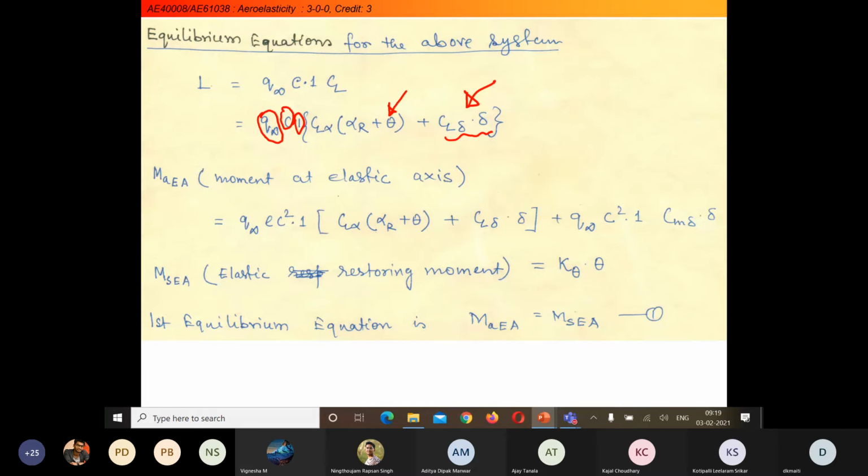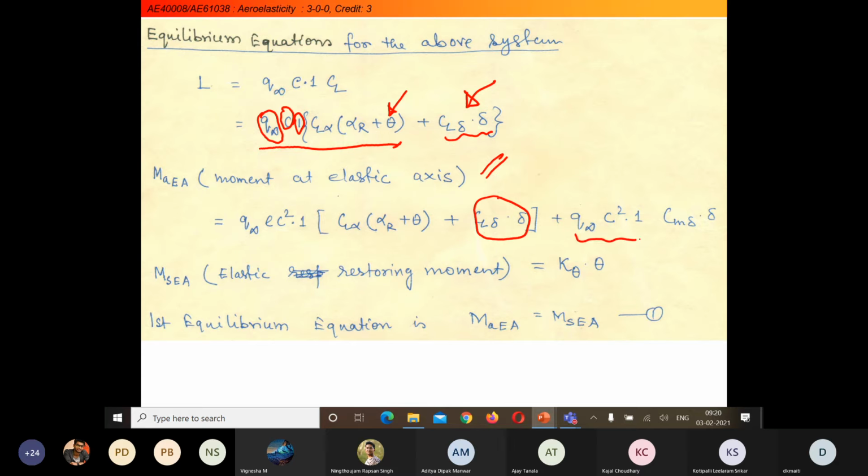The moment can be calculated similarly to the earlier derivation. This force has an eccentricity, Q infinity EC square, where EC is the eccentricity of this lift force with respect to the elastic axis. So Q EC square, then CL alpha into alpha plus theta, CL delta into delta, is the lift force coming due to control surface deflection.